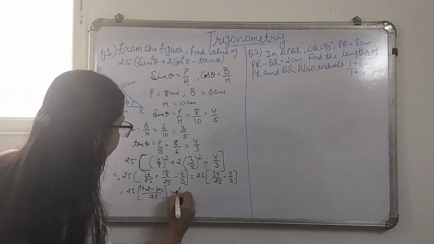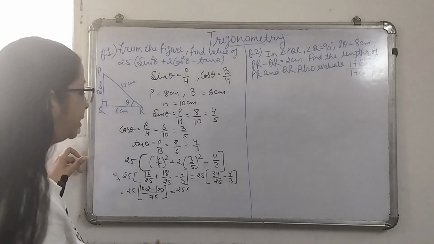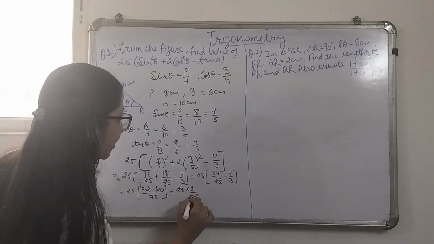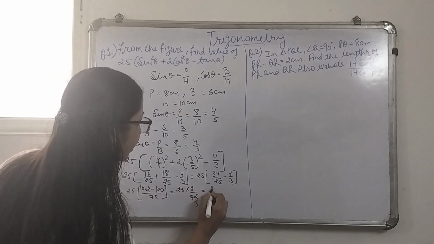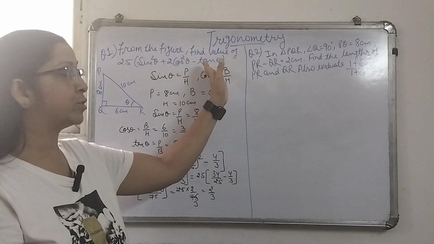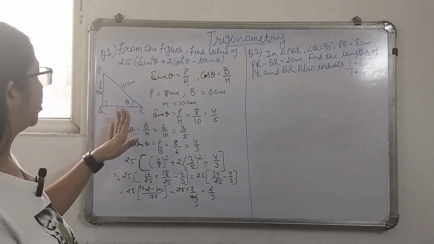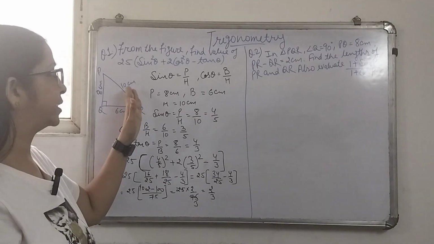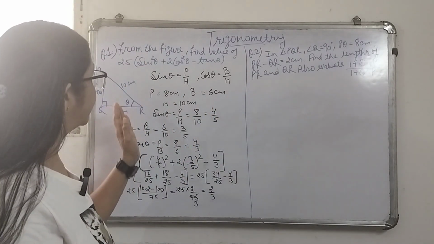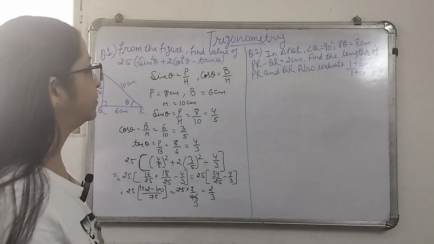So it will be 102 minus 100, which is 2 upon 75. 25 3s are 75. So the value of this will be 2 upon 3. So the value of whatever was required is 2 upon 3. That means if we have the perpendicular, base and hypotenuse, we can find all the trigonometric ratios, and by that we simply need to keep the values and we can find the answer.